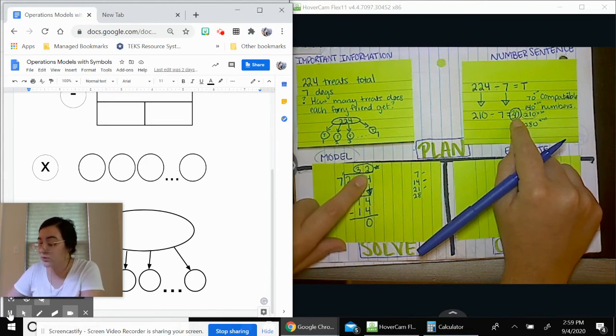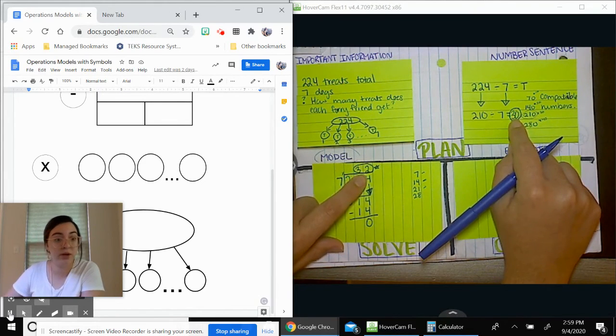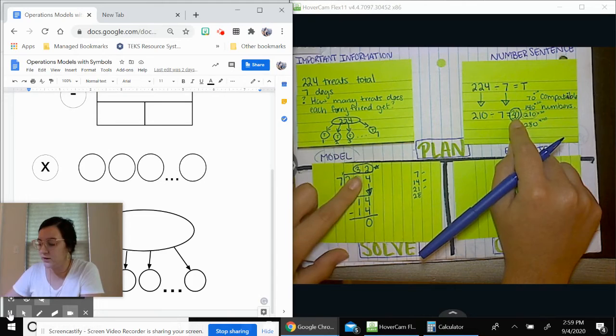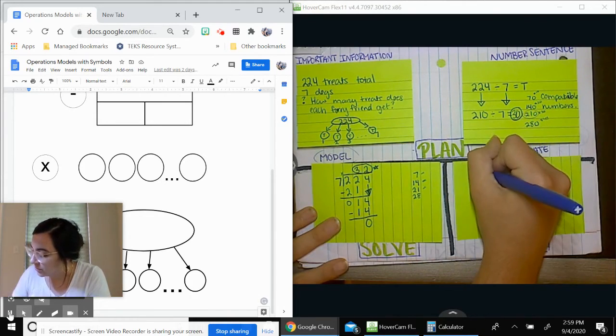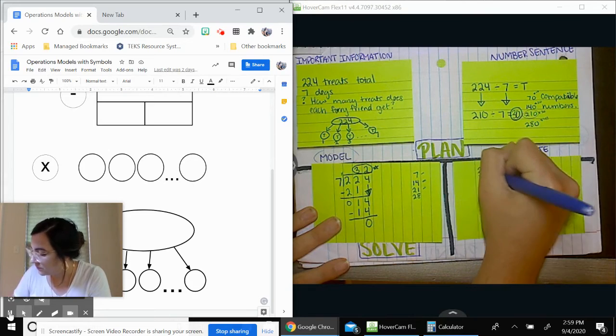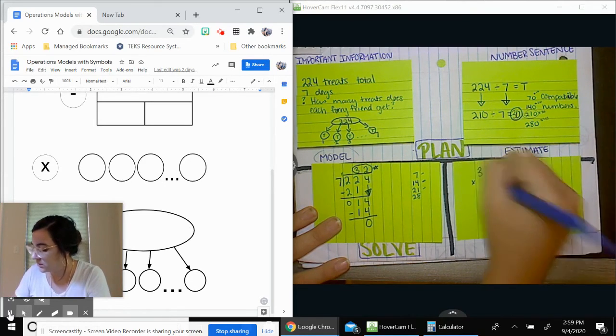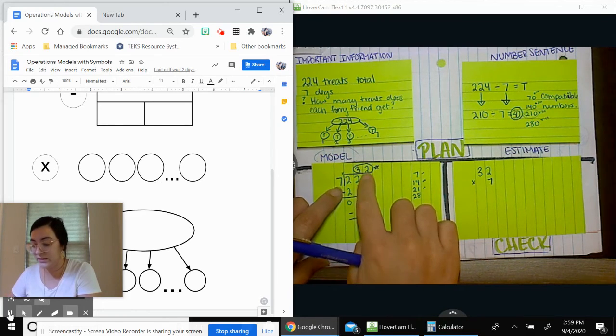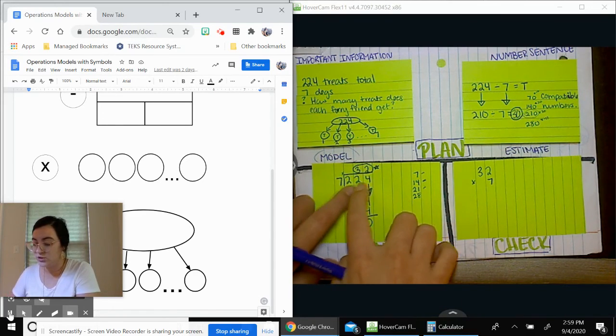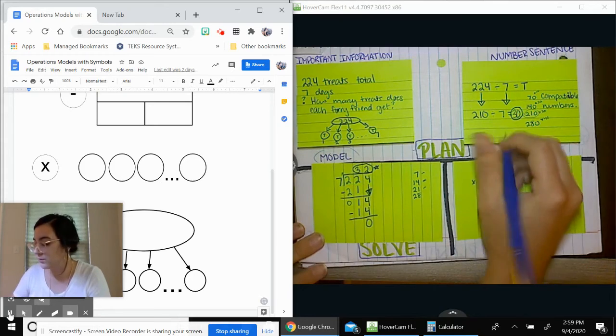Yes, super close to my actual answer, so I know I'm not too far off. But to see if I got it right, now I can multiply 32 times 7. Remember, you use the outside numbers and see if when we multiply, it should equal 224.